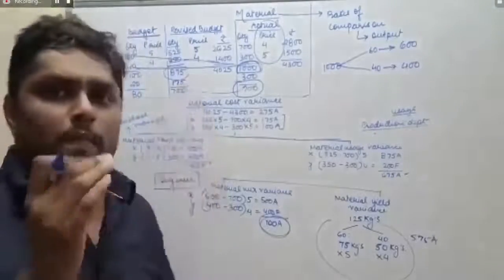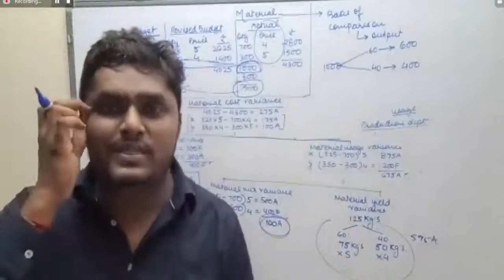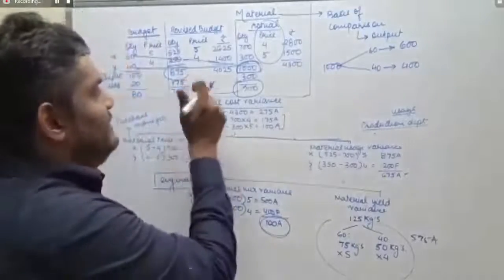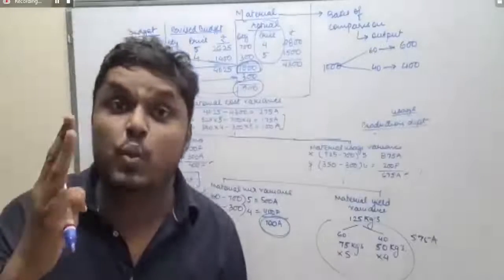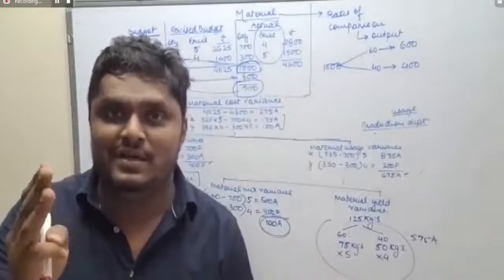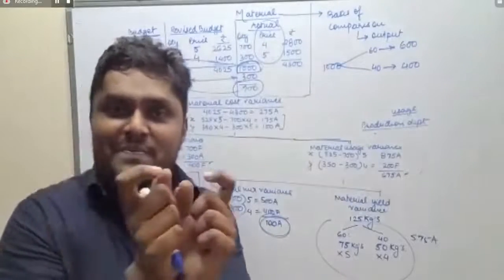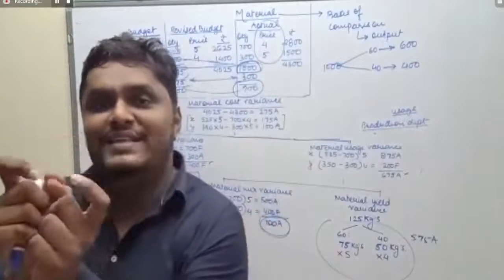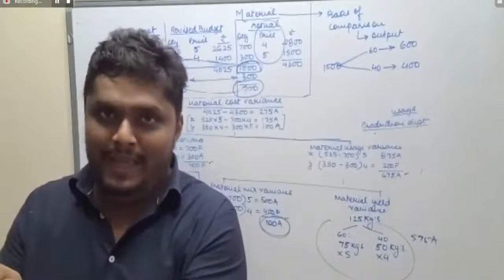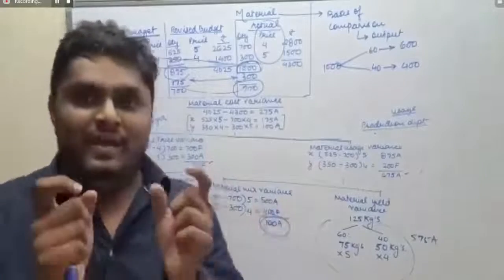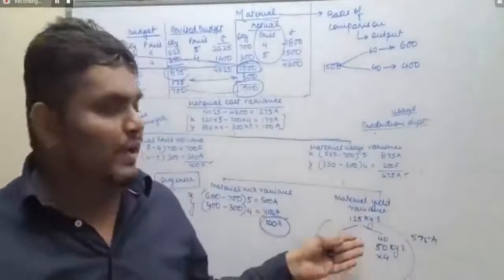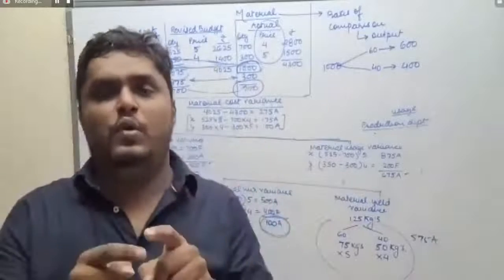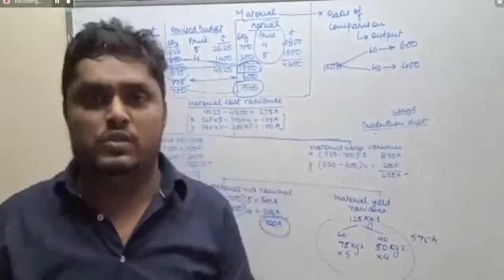But there was a normal loss of how much? 300 kgs. That is 125 kgs extra. Again, a certain percentage of the 125 belongs to X and a certain percentage belongs to Y. So either you can distribute it and calculate it separately, or you can calculate the overall yield variance also.